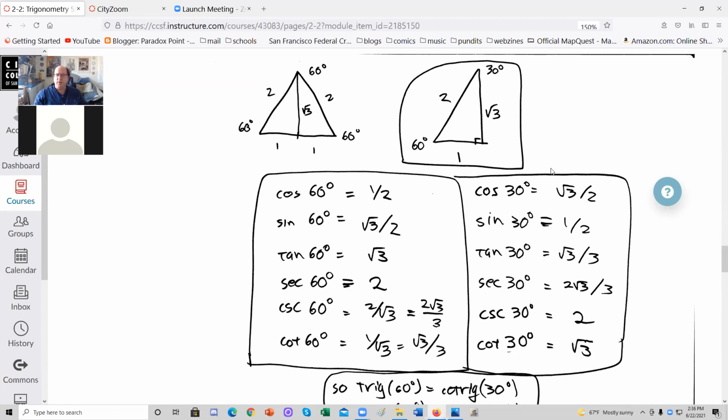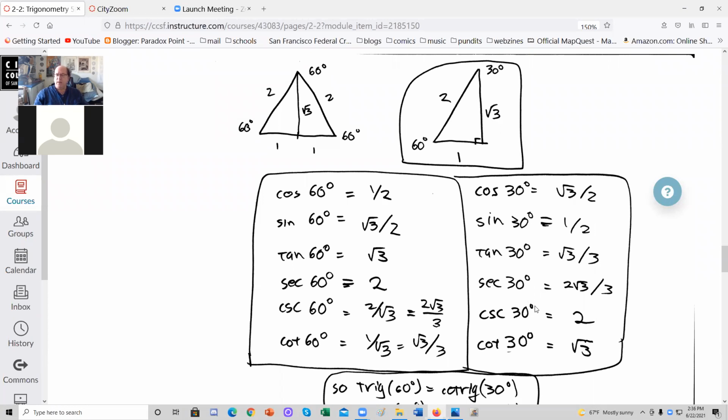Now, for 30 degrees, here's 30 degrees. Adjacent to 30 is root 3. So cosine of 30 degrees is root 3 over 2, like this. Sine of 30 degrees is 1 over 2, like this. Tangent of 30 degrees is 1 over root 3, therefore root 3 over 3. And then for the secant, cosecant, and cotangent, we take reciprocals, which is reciprocal of cos 30 is sec 30, which works out to 2 root 3 over 3.